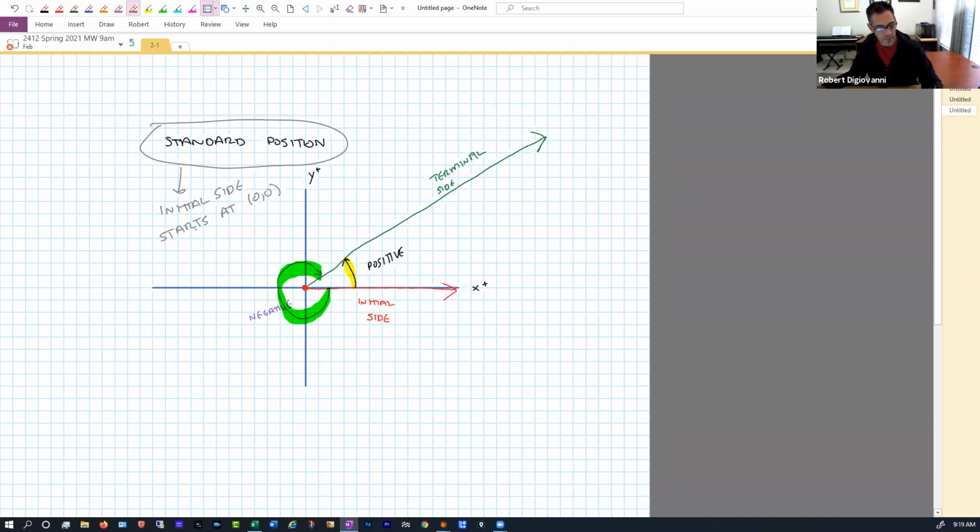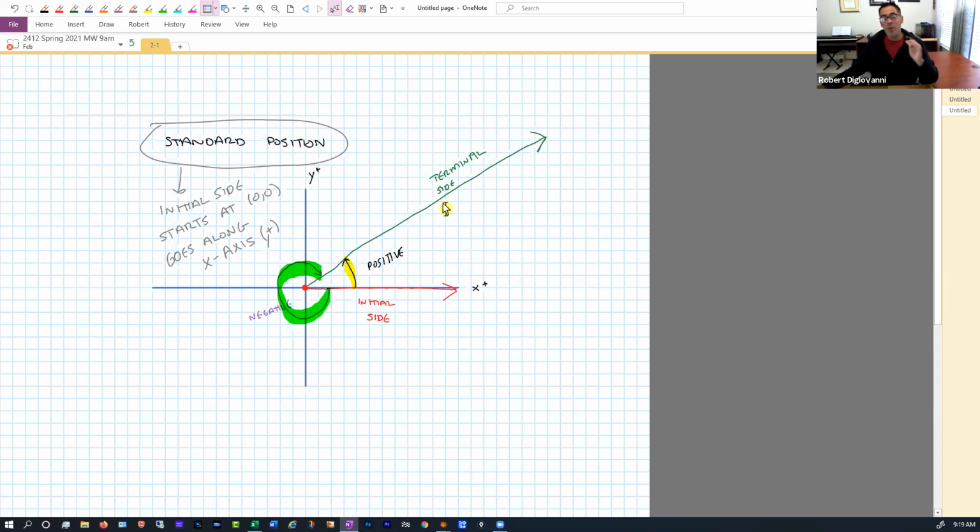And then goes along the x-axis in the positive direction. Okay, so standard position just means that whatever angle you're talking about, the initial side starts here and goes this direction, and then the terminal side can be anywhere, okay?